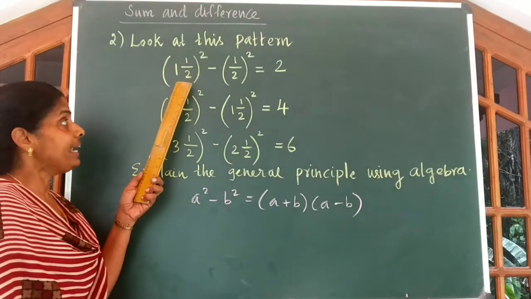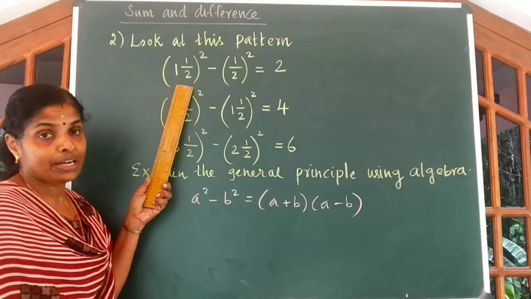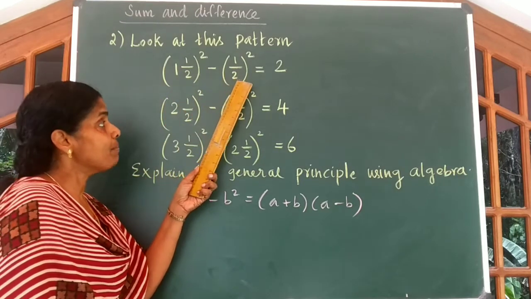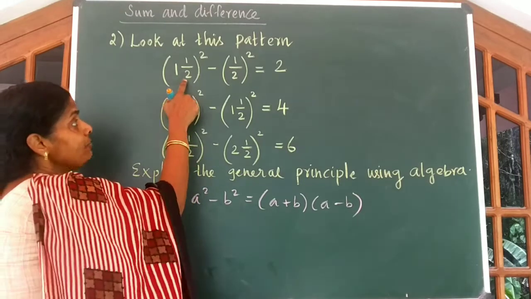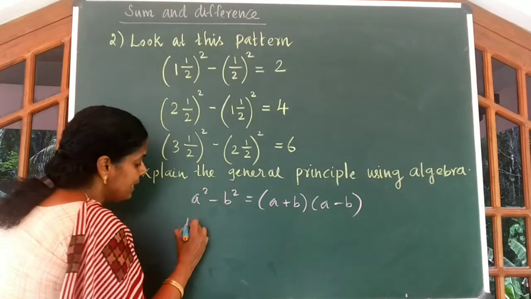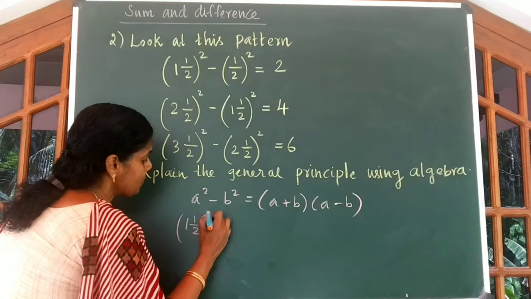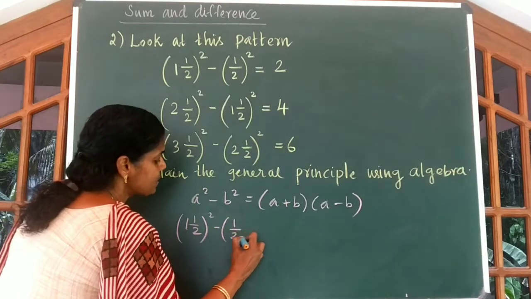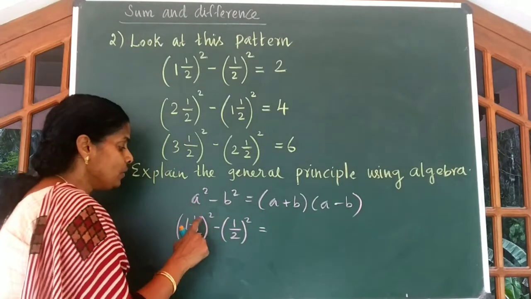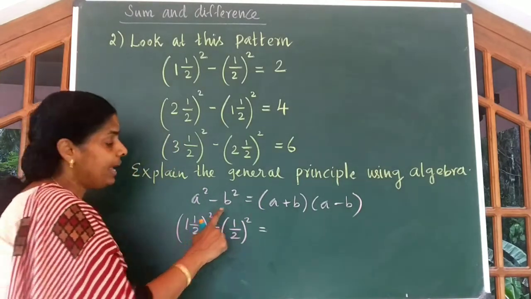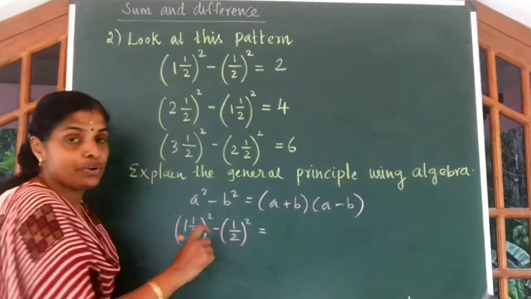Now take the first one. You are given 1 1/2 squared minus 1/2 squared. That is, instead of a, you have 1 1/2, isn't it? So let me write 1 1/2 squared minus 1/2 squared is equal to, instead of a, you should write 1 1/2, and instead of b, you should write 1/2.